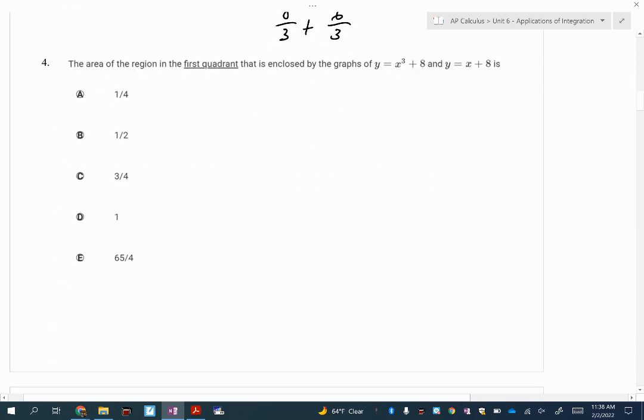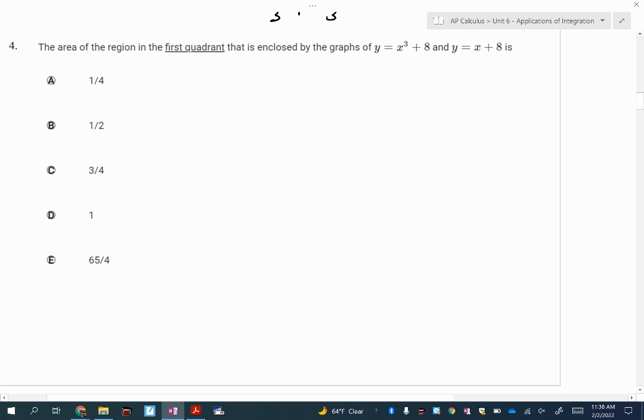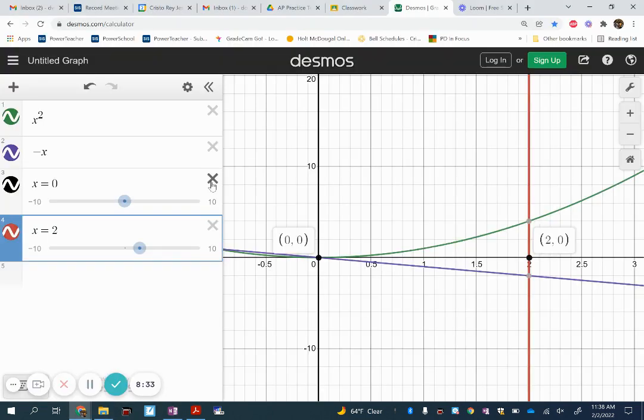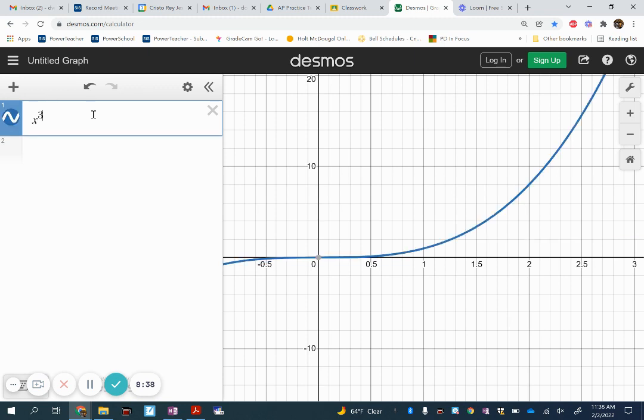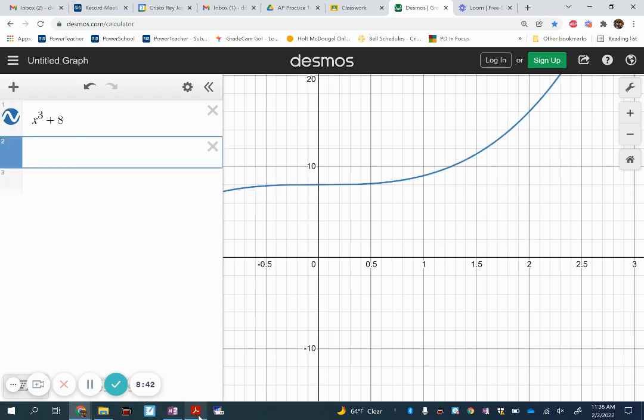Number 4 says the area of the region in the first quadrant that's enclosed by these two graphs, a cubic function and a linear function. All right, so let me go to my graphing calculator to graph x cubed plus 8. And then I'm also going to graph x plus 8.